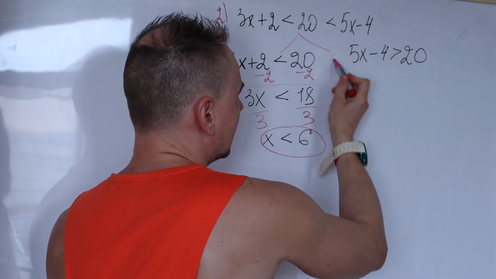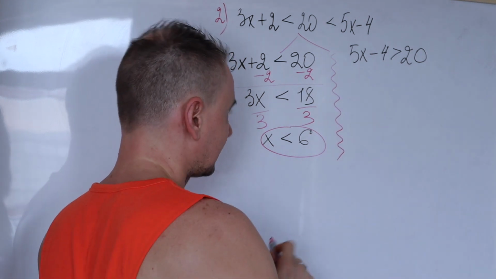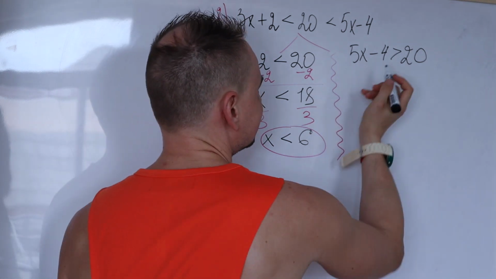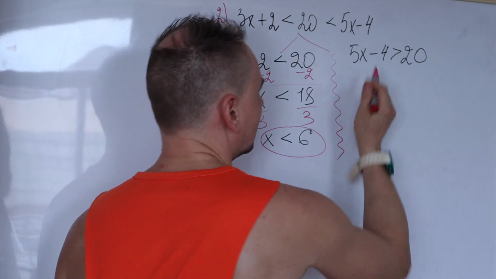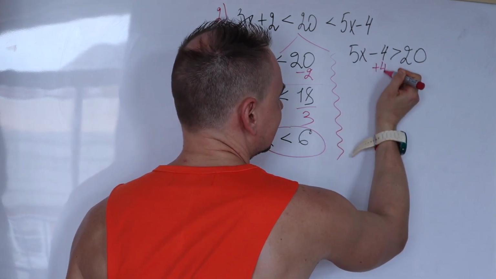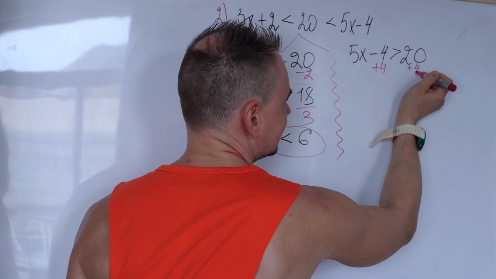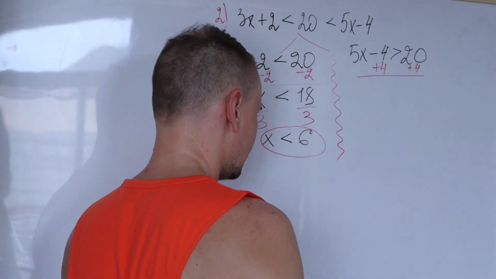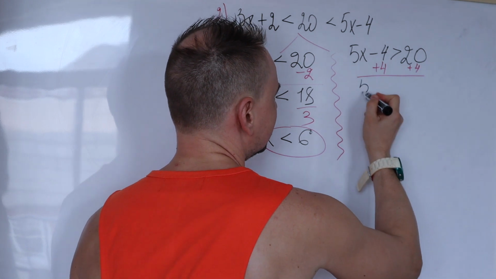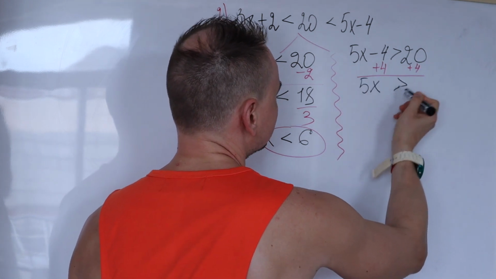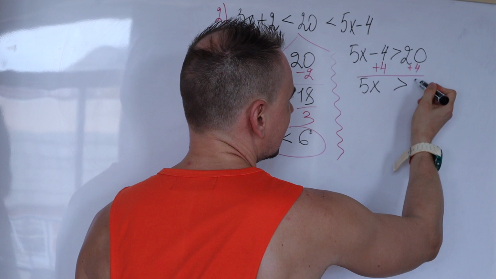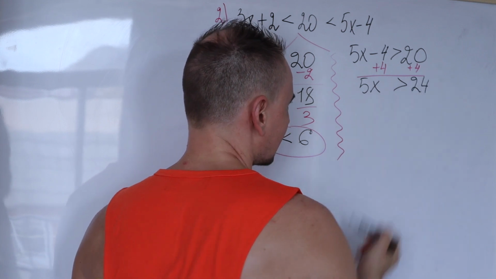And for the second one, the same steps: you want to add 4 to both sides. You undo this subtraction by adding. So the next line, drop down 5x, drop down the sign, and it's 24.